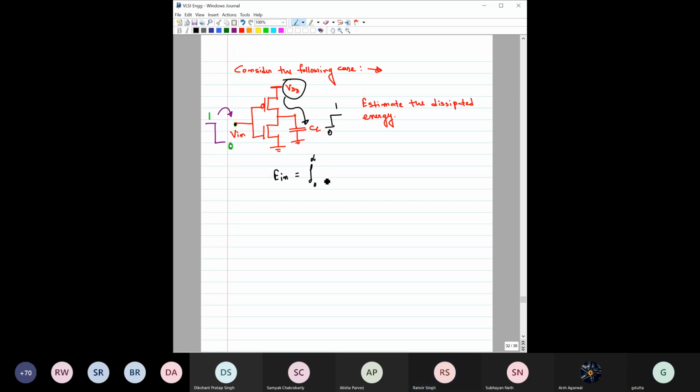Right. Then can I simply write it like this? ID of this. It should be VDD.